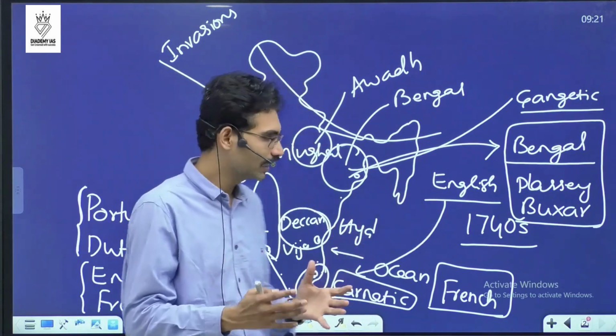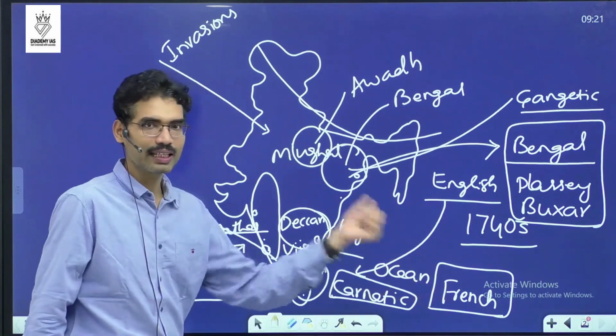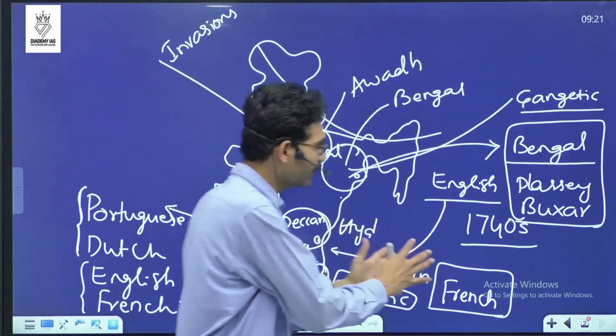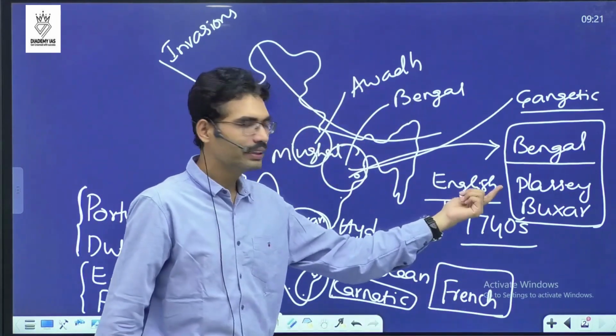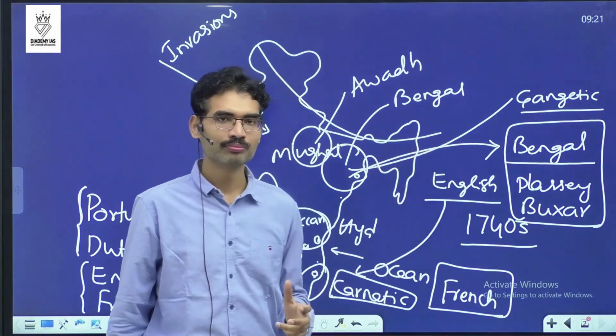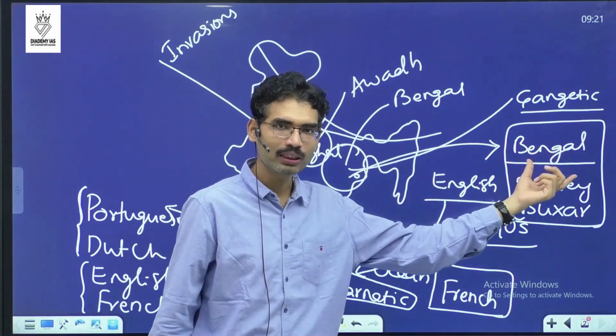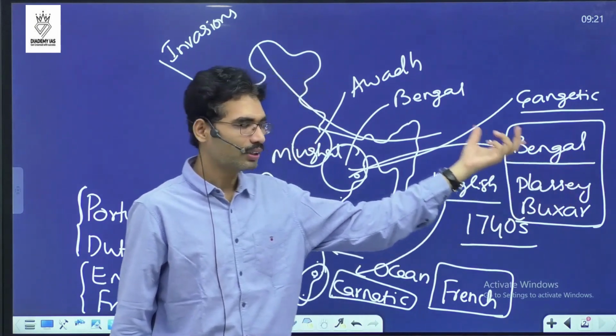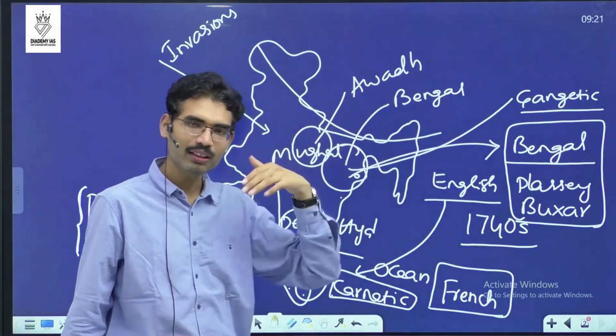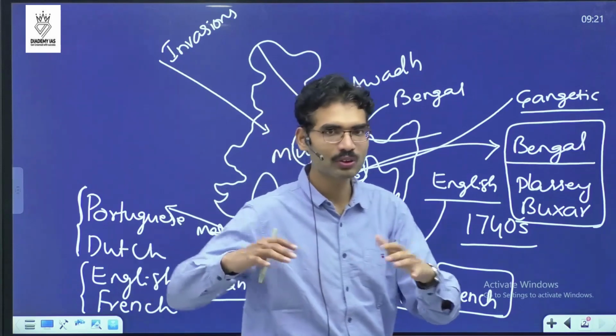And this is exactly what UPSC asks from this angle. There are many things, like why Indian rulers were defeated. In fact, the number of soldiers in the European companies was very small. On the other hand, Indian rulers had a lot of soldiers.